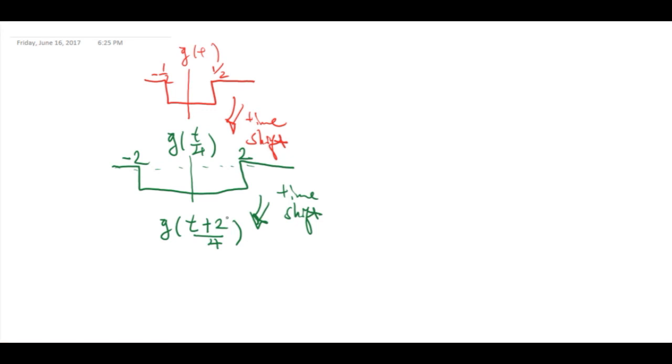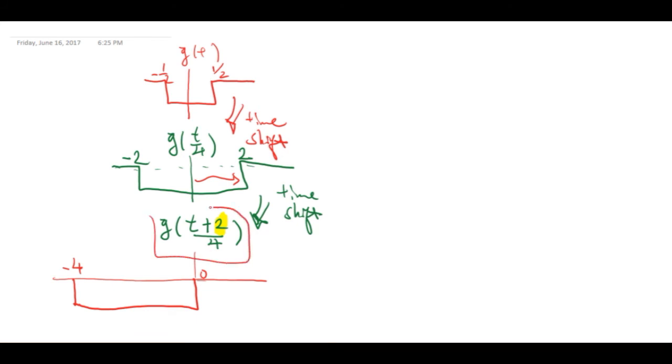That means we are going to shift it by 2. In doing that, we move the axis in this direction by 2, so minus 2 will become minus 4. And this is our waveform. So this is the function g((t plus 2) over 4).